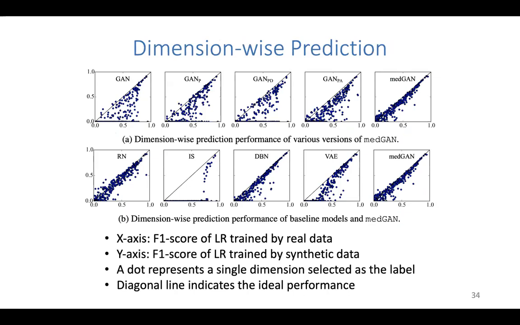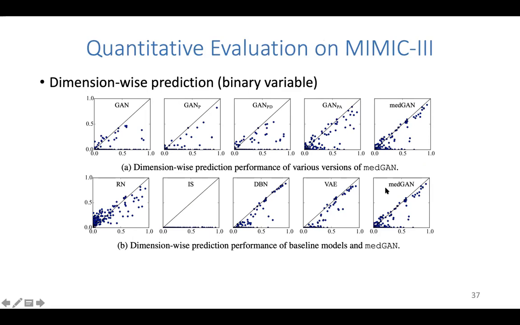A lot of dots here were sticking to the diagonal line, but in both of these for Mimic 3, where there should be 1,000 dots because there were 1,000 unique codes, a lot of them are not actually on the diagonal line. A lot of them fall on the floor here. So probably because we have a way smaller set of records. We only have 46,000 records compared to 260,000 records in the Sutter data set.